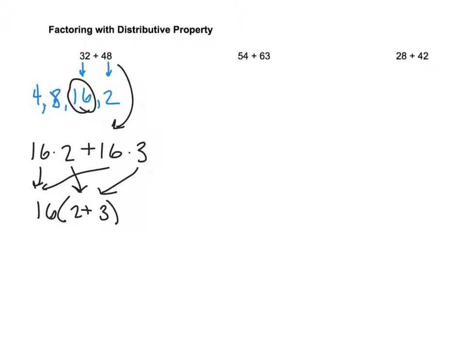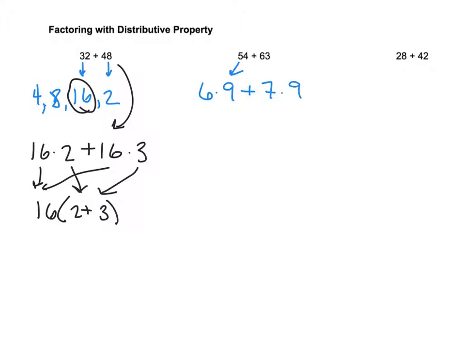54 plus 63. Looking at these two numbers, I recognize them automatically as multiples of 9. So let's say if we try 9, then 54 is going to be 6 times 9. And 63, I know, is a result of multiplying 7 times 9.